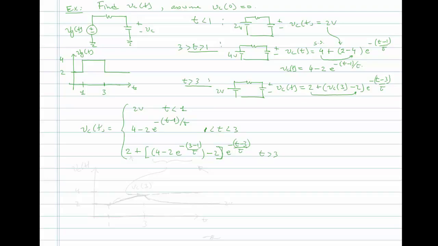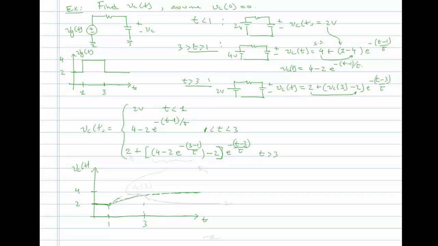Okay, so let's plot this. It starts out at 2 volts, and at 1 second it will start rising exponentially and tend toward 4 volts, but it will never get there.